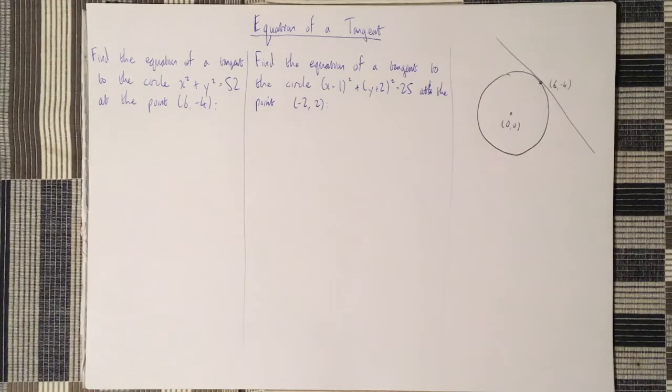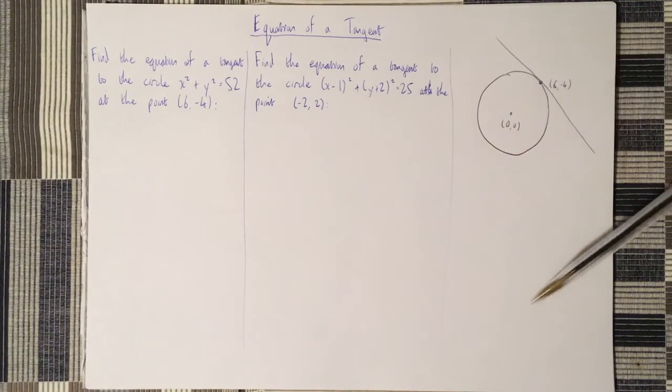So what do you need? You need a point on the line, which I've got, (6, -4), but you also need the slope. I don't have the slope of this tangent line, and I don't have a second point on the tangent to get the slope, so I'm a bit out of ideas there.